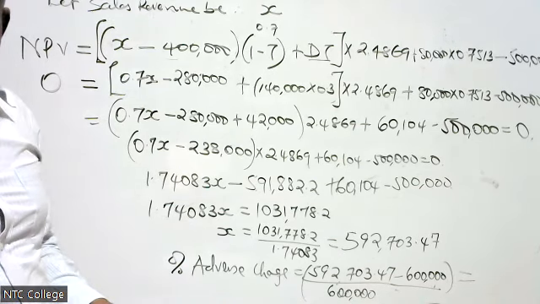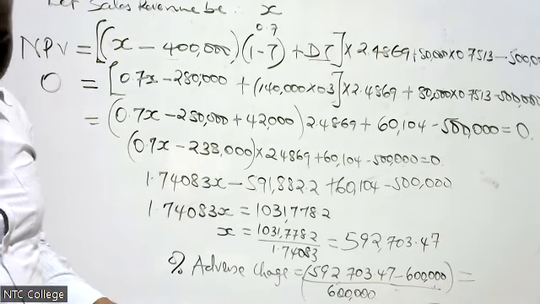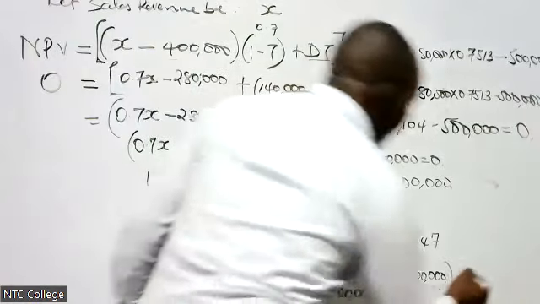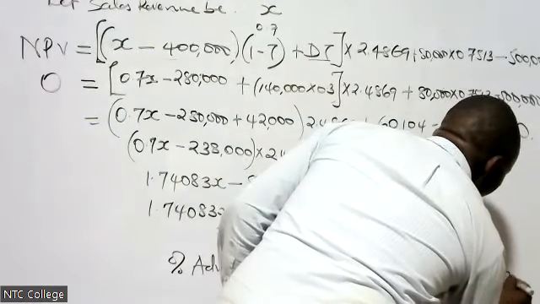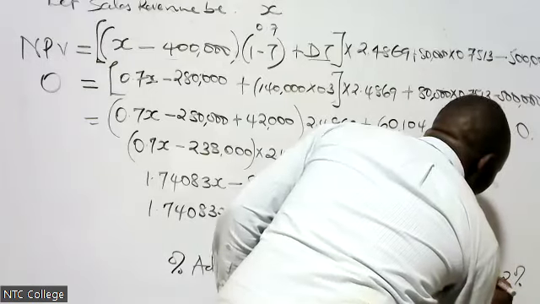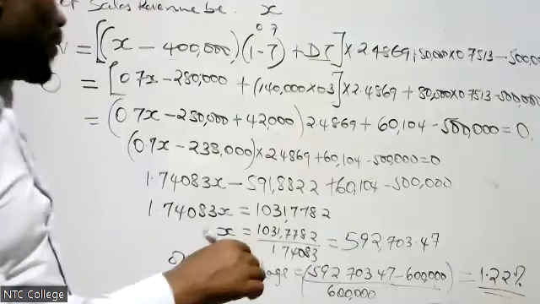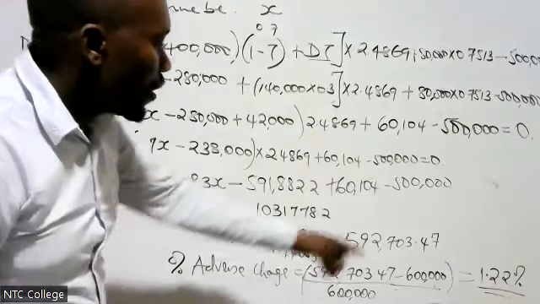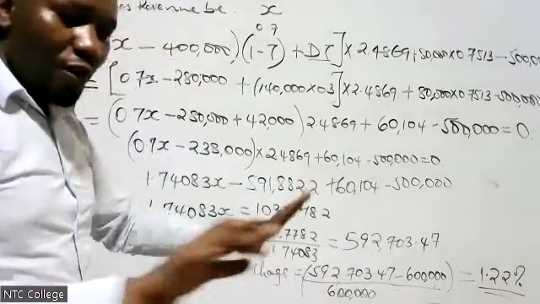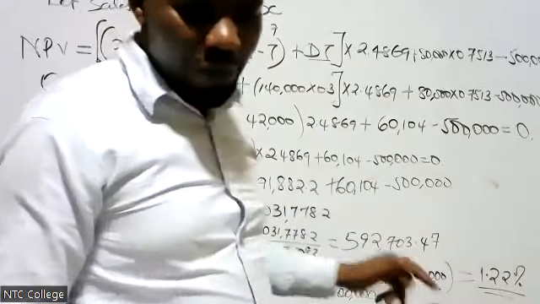We get 1.22%. 1.22%. It means that if we just change the revenue, if it goes down slightly by 1.22%, we are not going to make any profit. NPV is going to be zero.